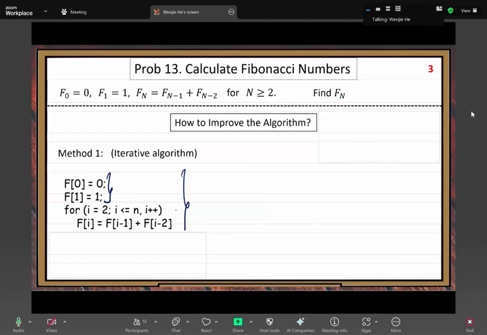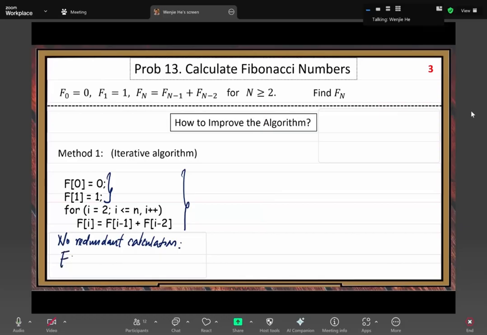You can see no redundant calculation in that for loop. Why no redundant calculation? Let me quickly show you why. Here we calculate the F array in order.